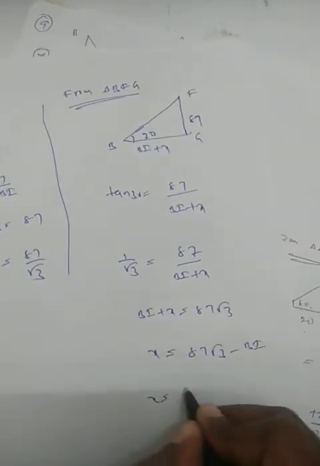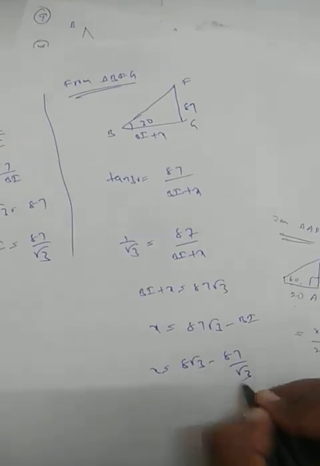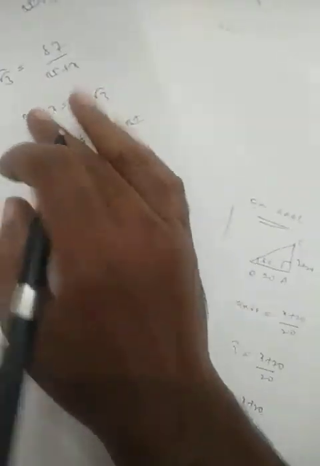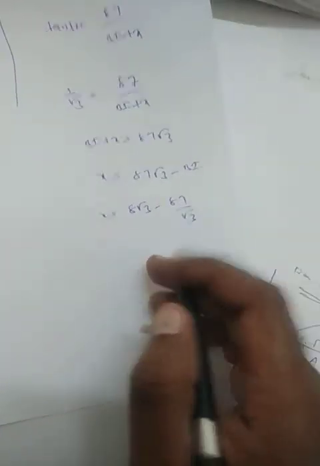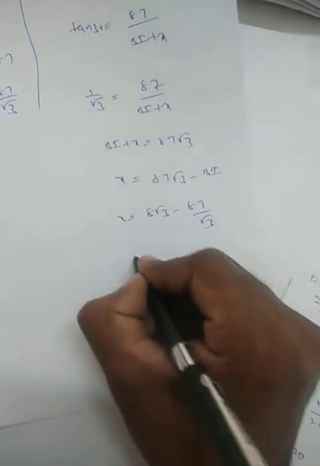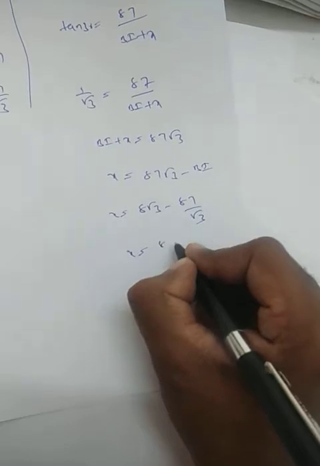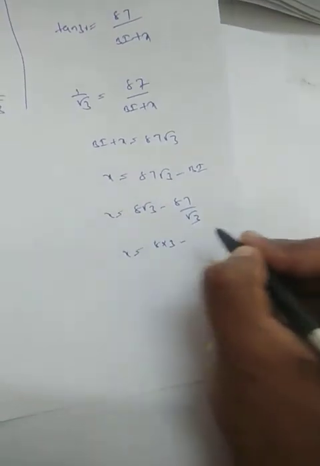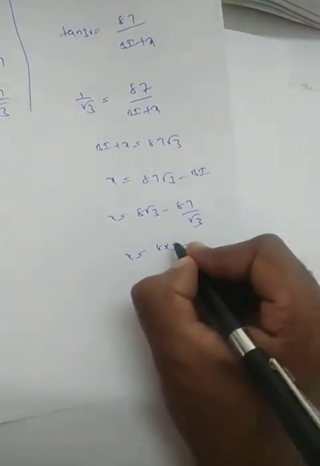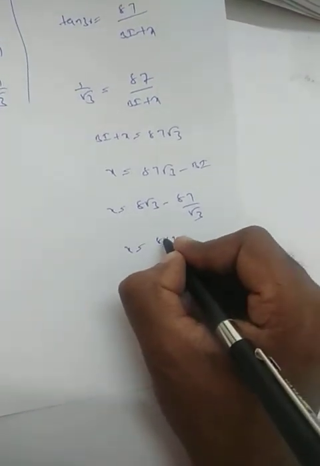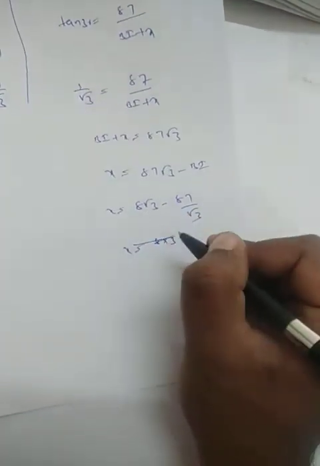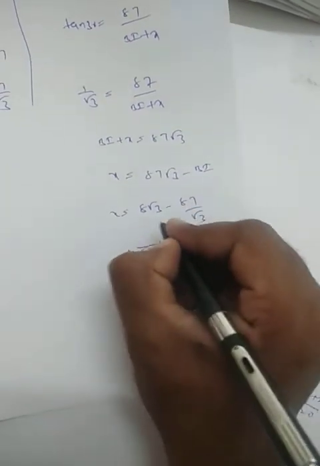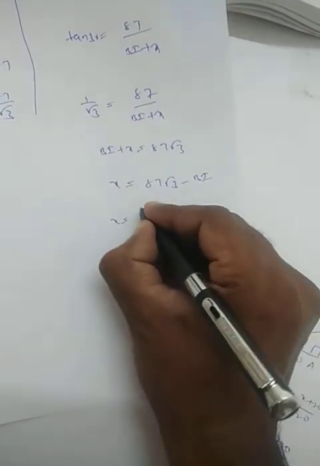X is equal to 87 root 3 minus BI, which is 87 by root 3. This is 87 root 3 only.